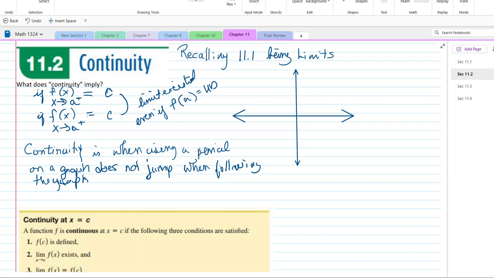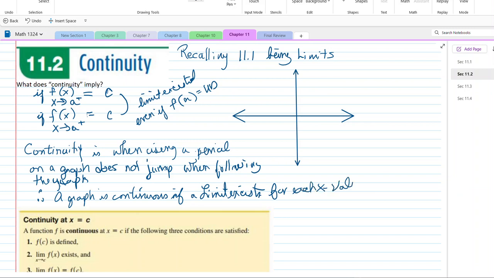Okay, well, what else can we say? Therefore, we can state a graph is continuous if the limit exists for each x value in the domain.